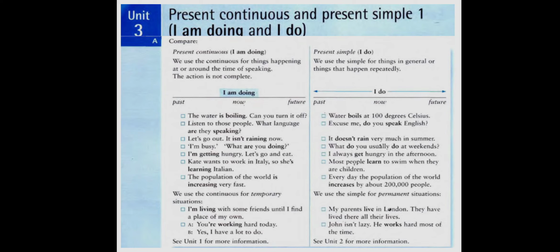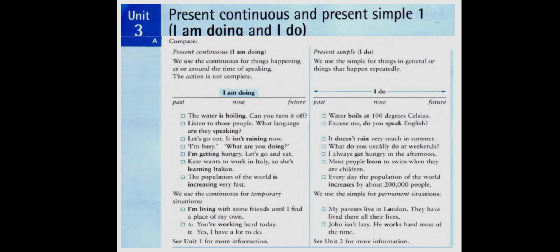But if we want to describe the increase in the number of people, just as it is a gradual change, we use present continuous. But in this case, the number 200,000 people indicates that this is a fact. That's why we are supposed to use present simple. The population of the world here is considered as singular, so it takes S with the verb. So it becomes increases.